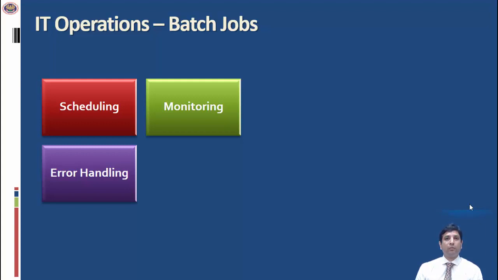In case the batch jobs are scheduled by IT, then it is the responsibility of IT to look at the status of the running of each batch job. So as auditors, we need to understand what the process at the company is for making sure that batch jobs are monitored and how error handling is done.